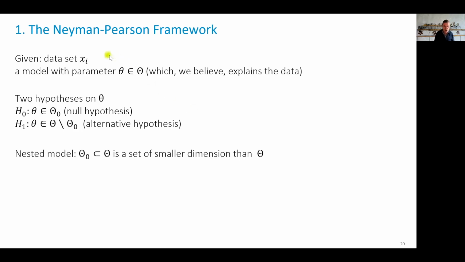So we are given some data set, X, Y, that's my data here, and a model with a parameter theta, which we believe explains the data. So that should sound familiar to you by now. In fact, statisticians reason about the world as if what they see is generated by a simulator. You've done simulators in the lab, so now you know how to do it.